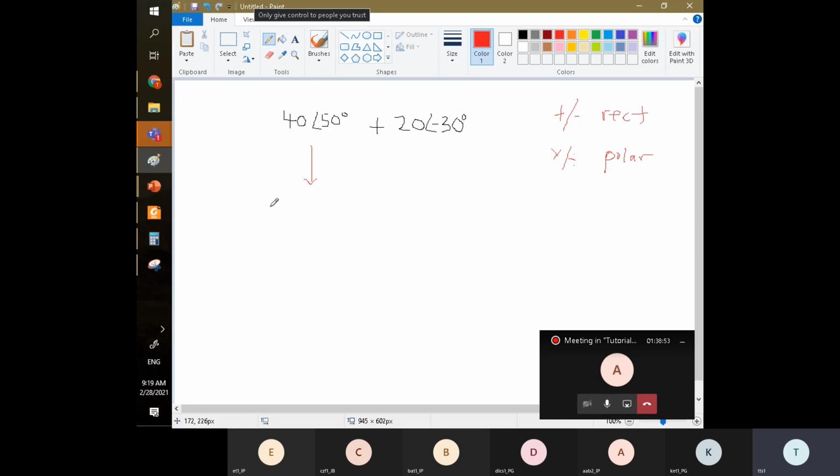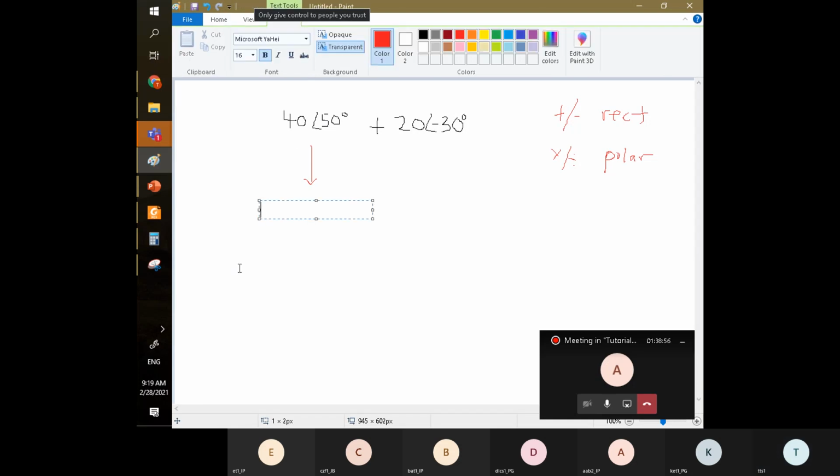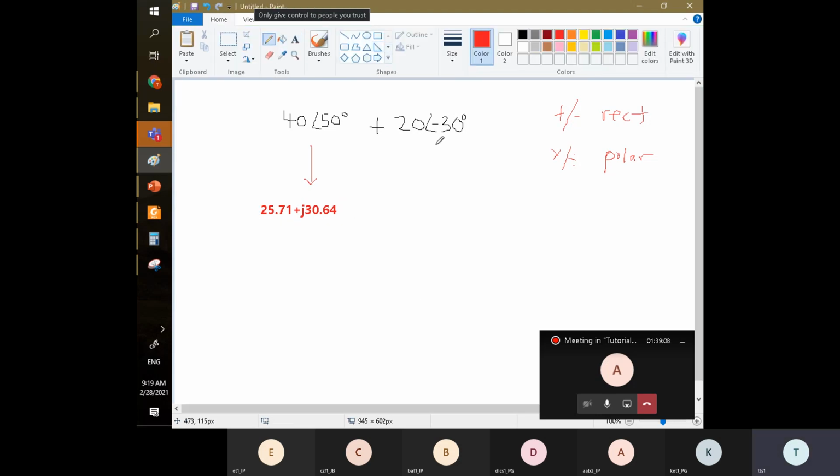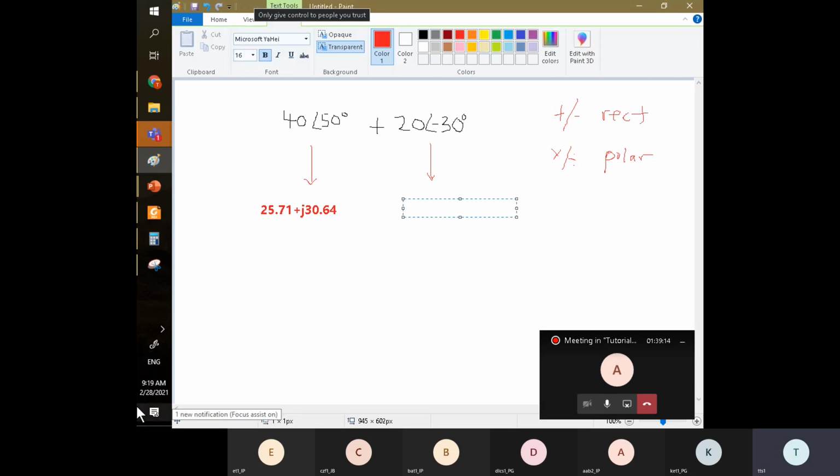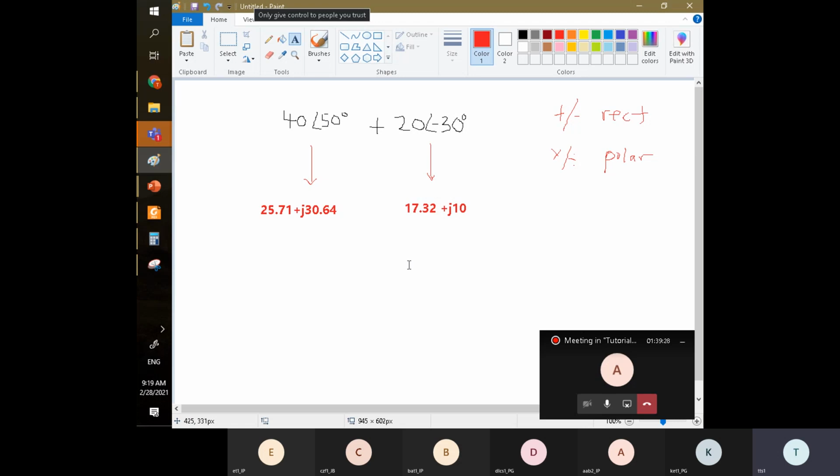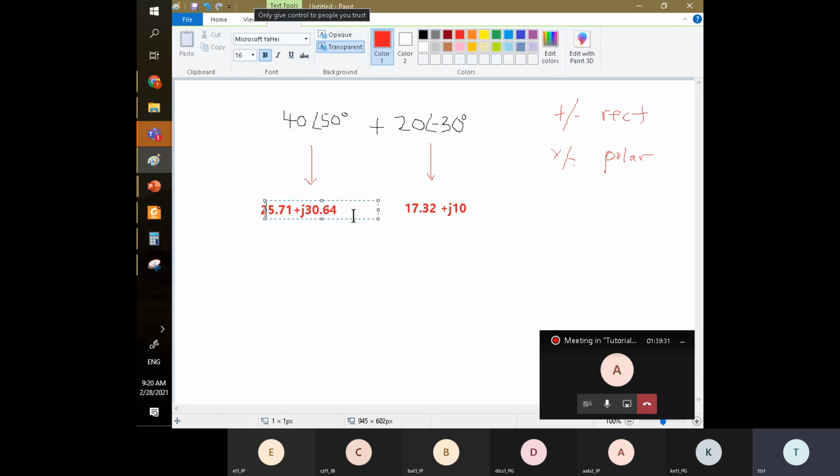So this one converts to 25.71 plus j30.64. And this one converts to rectangular 17.32 plus j10. Then you can just add them up: add the real to the real, and the j to the j.